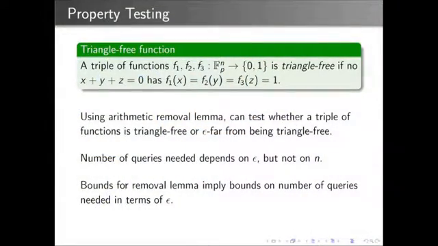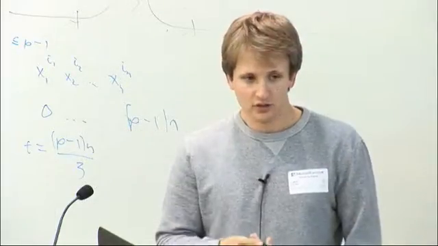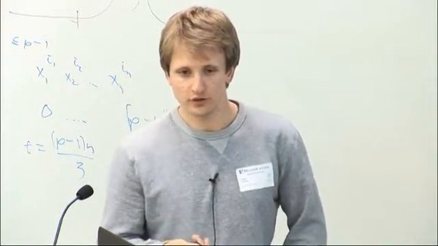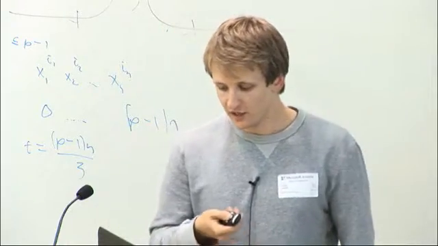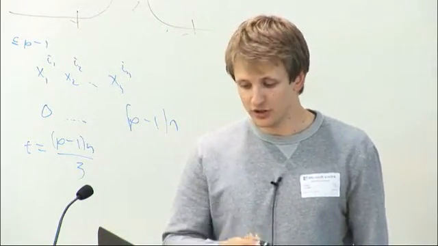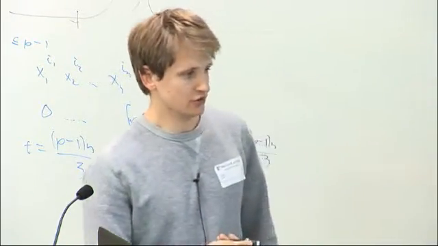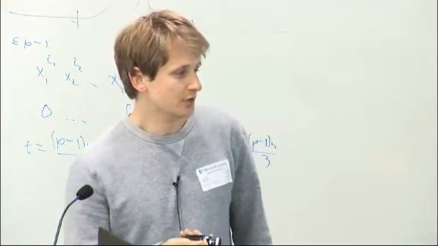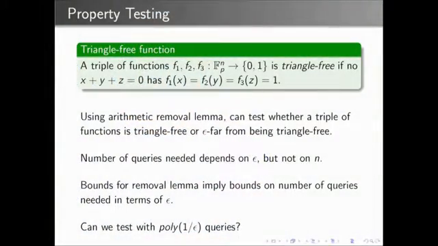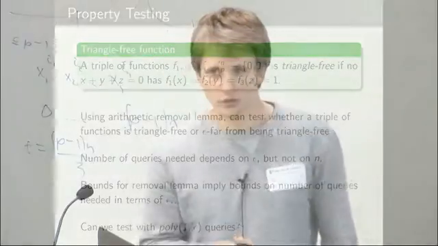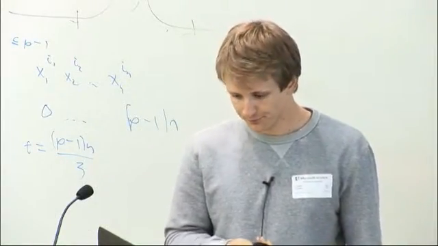If we have a good bound for the removal lemma, then that implies a good bound on the number of queries we need in terms of epsilon. So one question is, can we test it with a polynomial in 1 over epsilon queries?